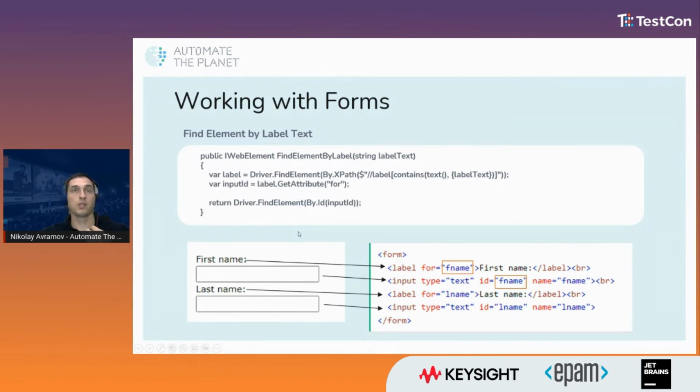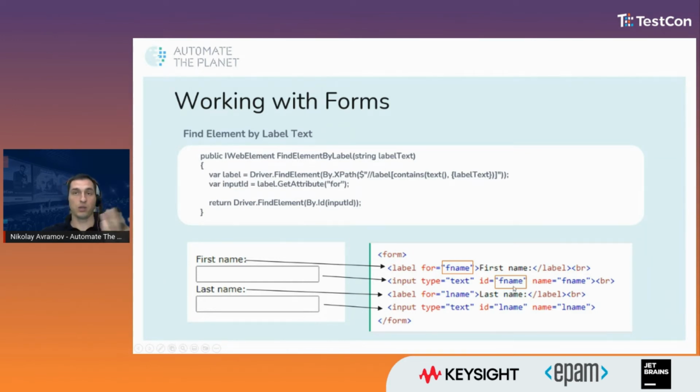So we decided to try this approach and redo the locators that we have for forms. Instead of using the names and the IDs directly, we implement them from the label text to get the for attribute. This is just one implementation: from the name, first name, of the label, fetch the for attribute, and then find the element with that ID.